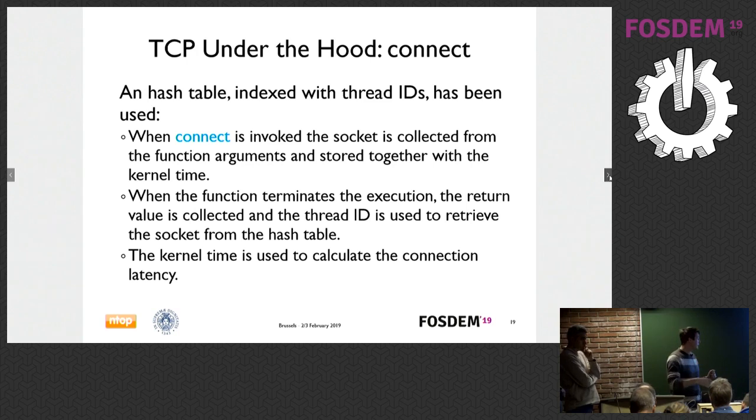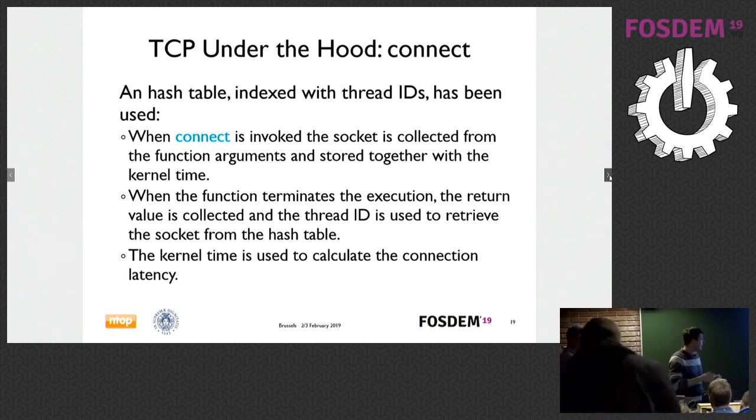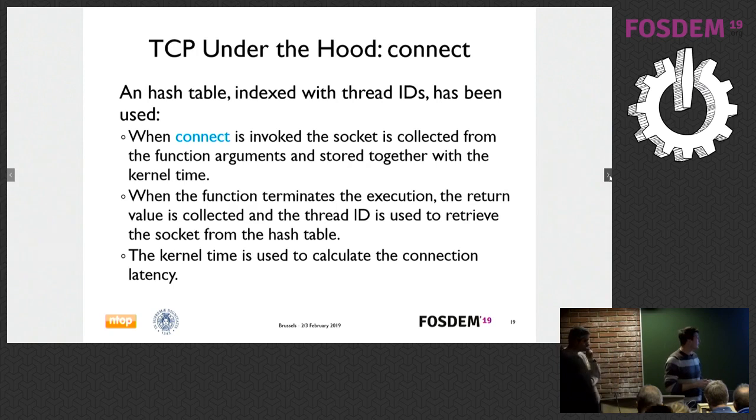Then the function is executed, and when the function returns the return code, our code is executed again. We check in the hash table where we put the socket, indexed by the thread identifier. We get the socket and track network information beside the return code. And by also recording the kernel time, we were able to measure the latency of the connection.